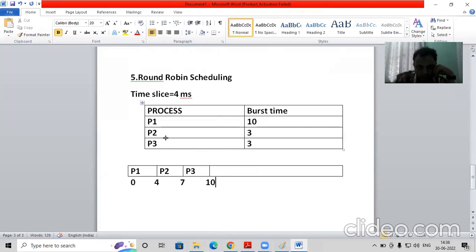Now no other process remains, only P1. P1 has already executed 4 milliseconds, so the remaining is 10 minus 4, that is 6 milliseconds. So P1 will run 2 more times.